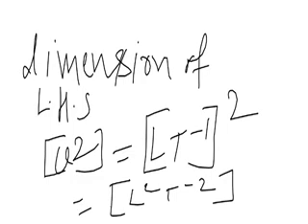L to the power 2 and T to the power minus 1, and over it there is a power 2, so these powers multiply together and become L square T to the power minus 2.